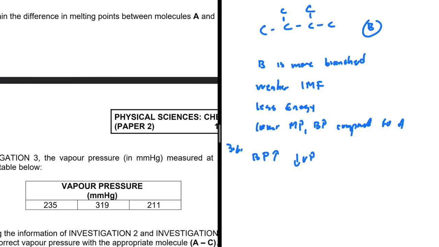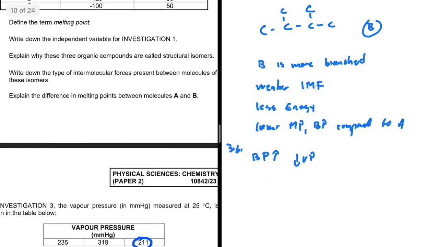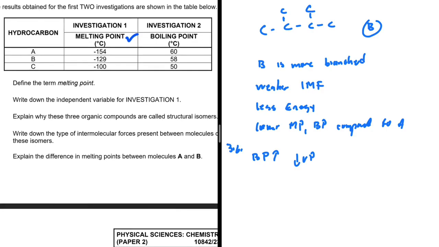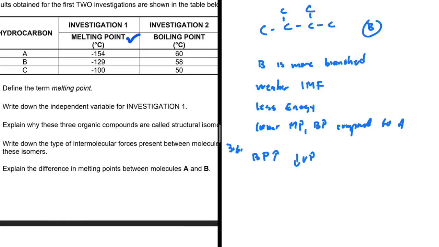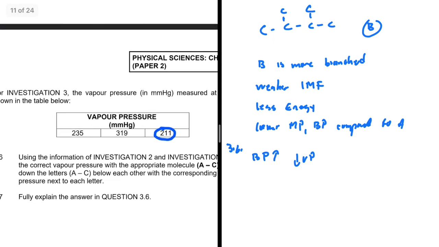The lowest vapor pressure is 211. So it means that the compound with the highest boiling point will have this vapor pressure of 211. So let's go ahead and see which compound that is. It seems to be compound A because it has a boiling point of 60, and B and C have 58 and 50 respectively. Okay, and then we're saying that the higher the boiling point, the lower the vapor pressure.